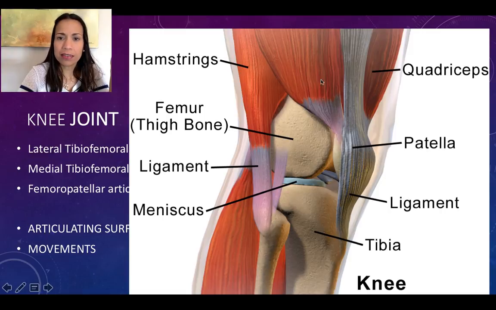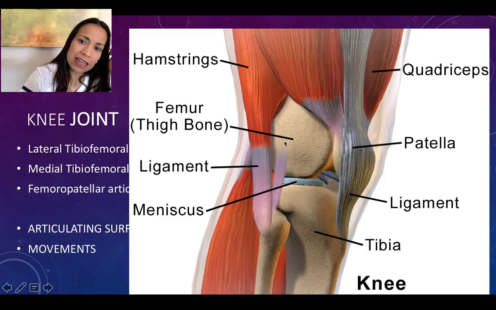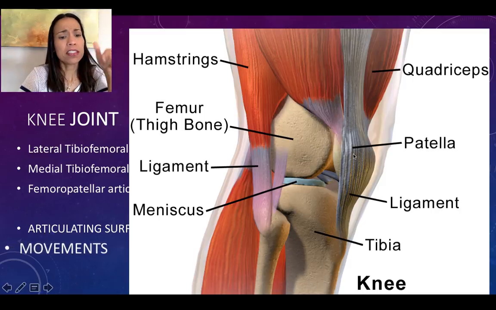In here, again, another view of the articulation between the femoral condyle and the tibial condyle, so it's called a bicondylar joint, and the femoropatellar articulation. See how the patella is covered or embedded into the quadriceps tendon. Movement. Let's describe the movements now.